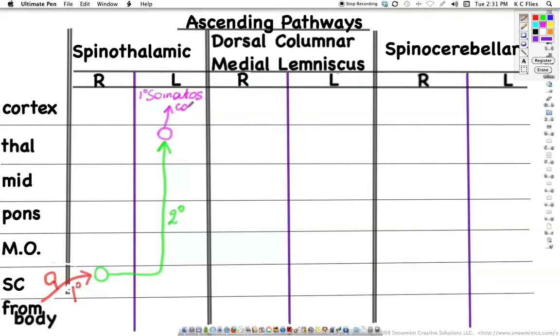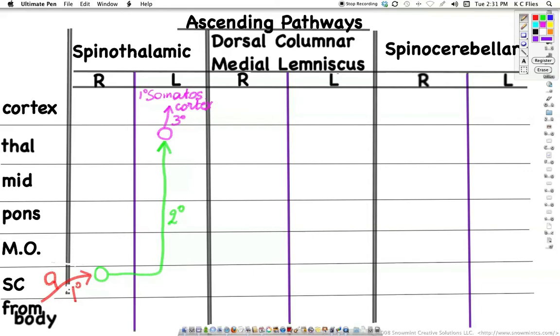I don't have all that much space here, so I'm going to squeeze that in here. Hopefully you guys can read that okay. This primary somatosensory cortex, and clearly this is our third level neuron here, or third order neuron.